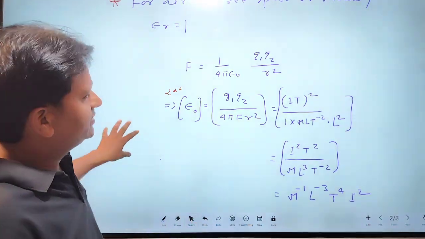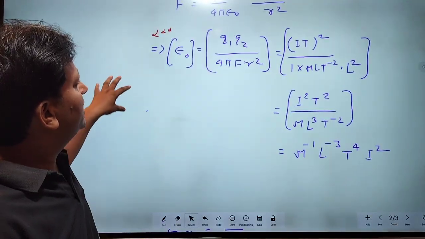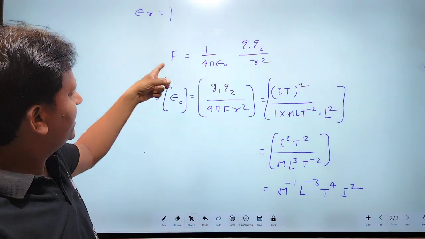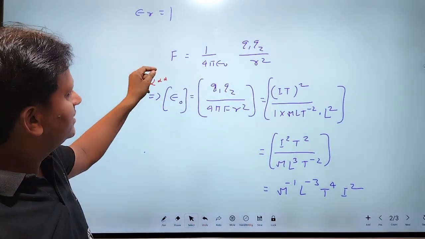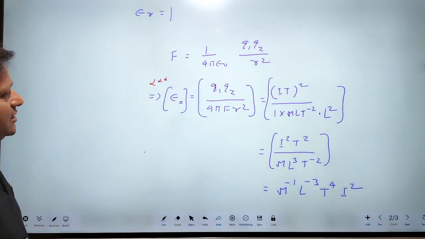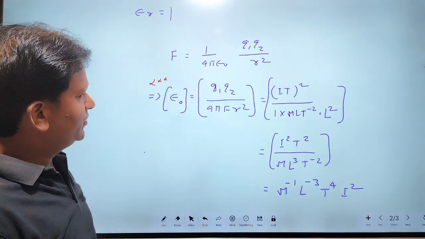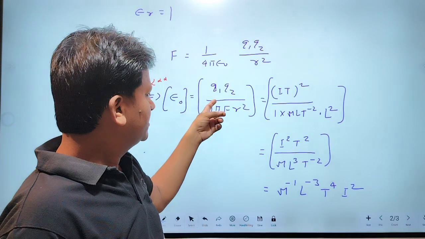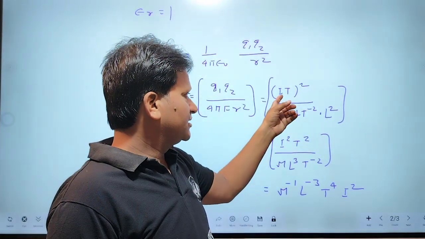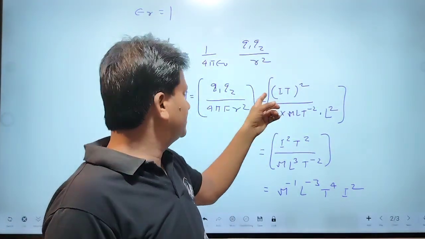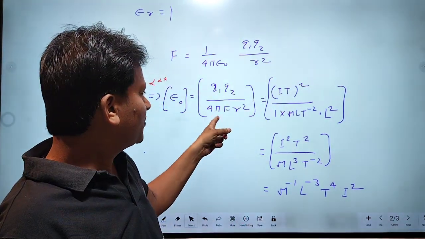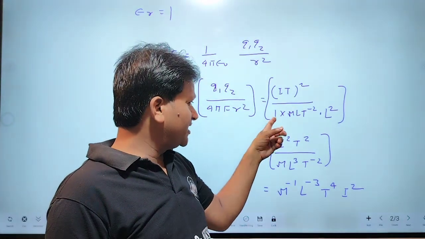We have to find the dimension of epsilon naught. Therefore, epsilon naught is taken on the left side and F is taken on the right side. Dimension of epsilon naught will be equal to this. Here Q1 Q2 are charges. Dimension of charge is IT, therefore IT to the power 2. 4 pi is a number, therefore dimension of 4 pi is 1.